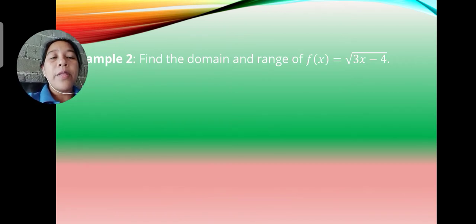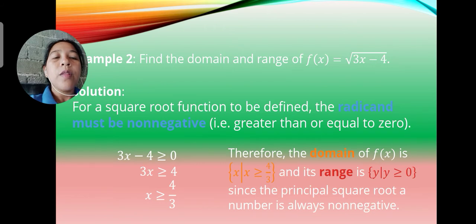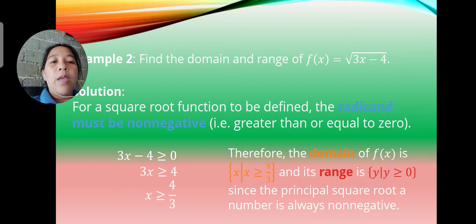For example number 2, find the domain and the range of f of x is equal to the square root of 3x minus 4. For a square root function to be defined, the radicand must be non-negative, that is, greater than or equal to 0. So, 3x minus 4 is greater than or equal to 0.